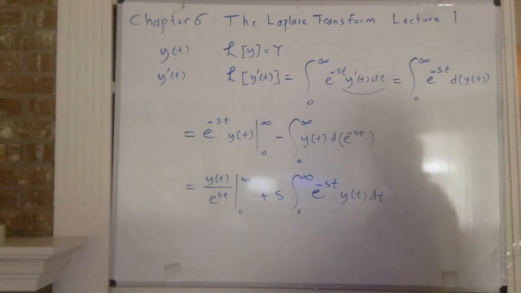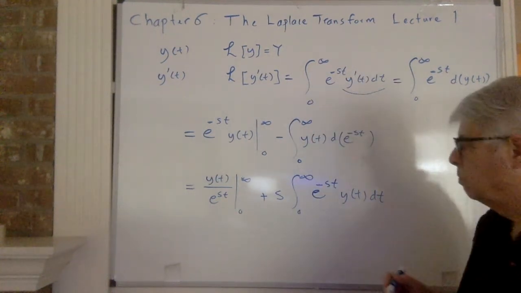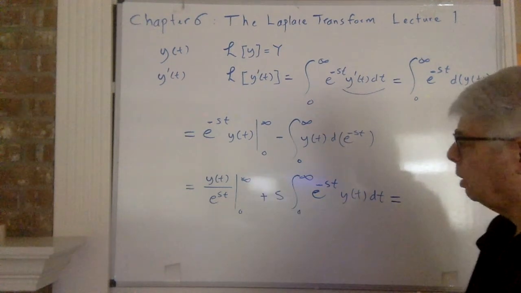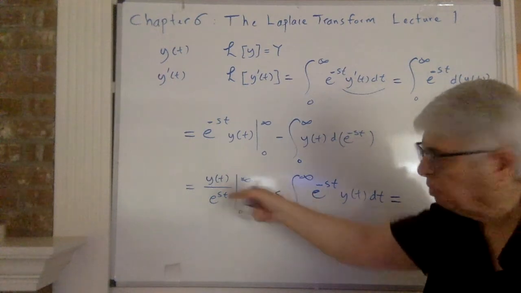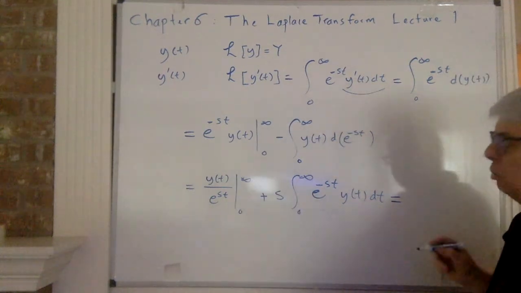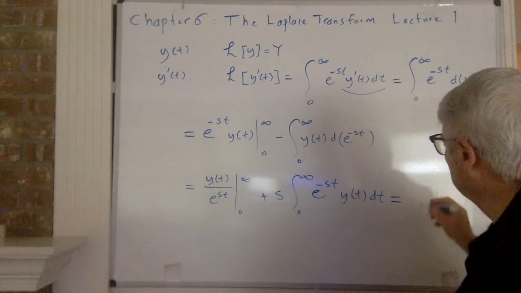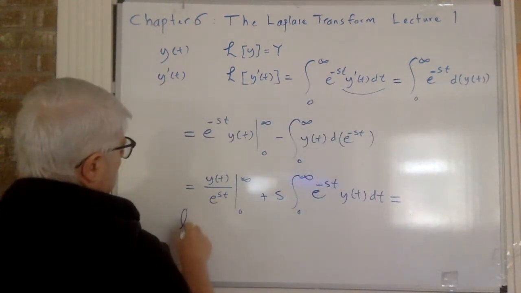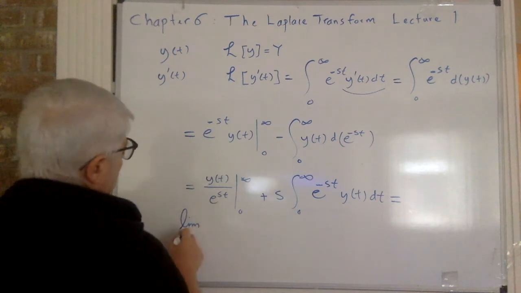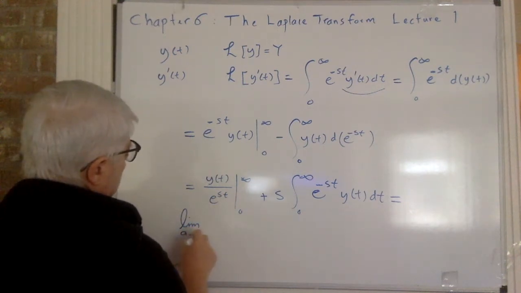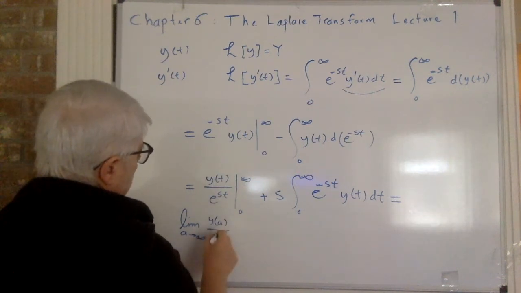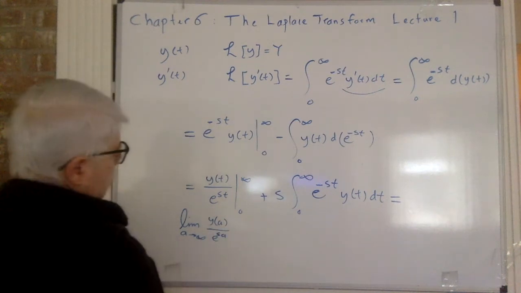Okay? So here I have this thing. Well, let me write infinity for this t. I know I have to write a limit. So this, in fact, is the limit as, say, a goes to infinity of y(a) over e to the power sa, say.